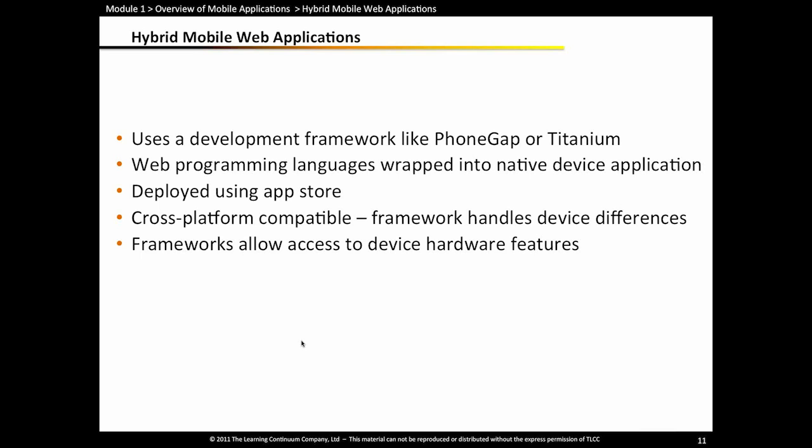And then the PhoneGap or Titanium applications will generate the Objective-C code that's needed in order for it to be a native application. So you can get the best of both worlds there.